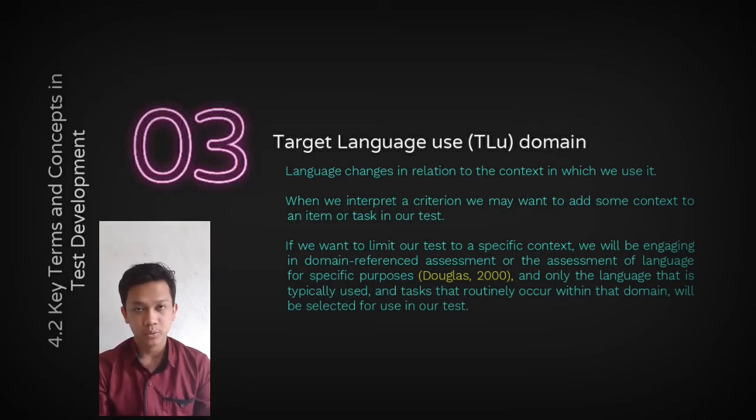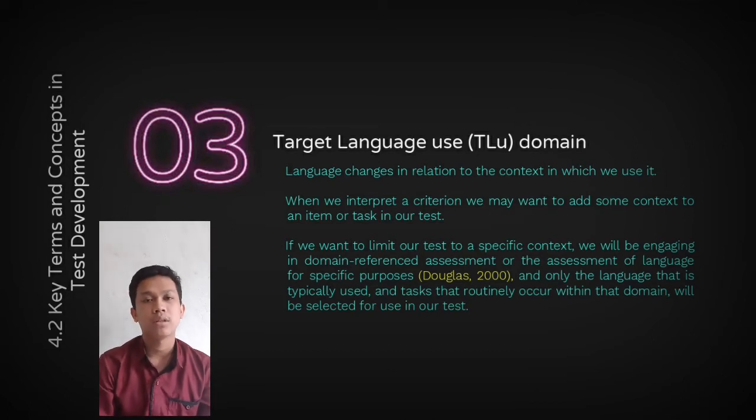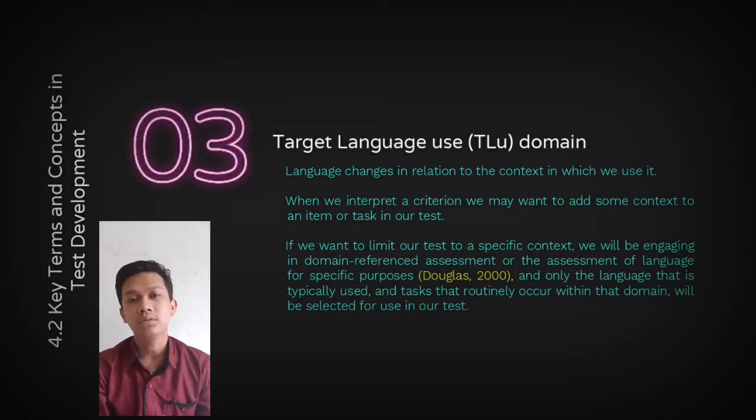For example, when we interpret a criterion, we may want to add some context to an item or task in our test, to make it more understandable and easier for us.